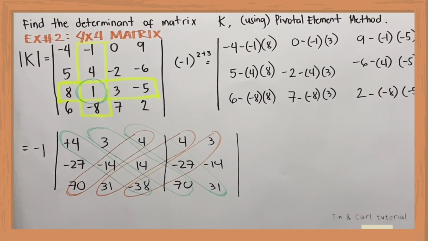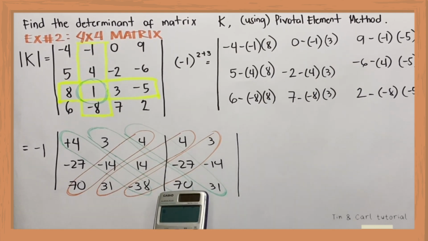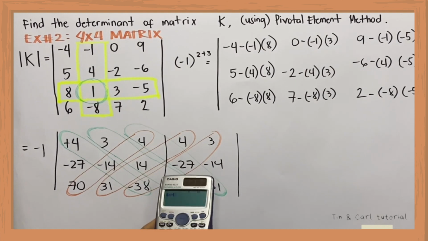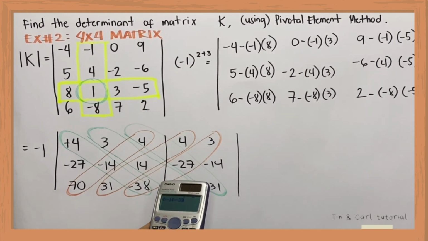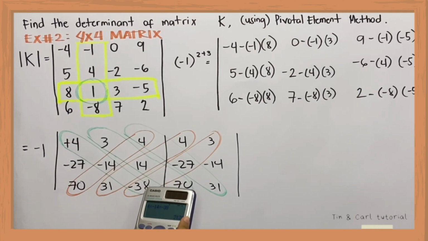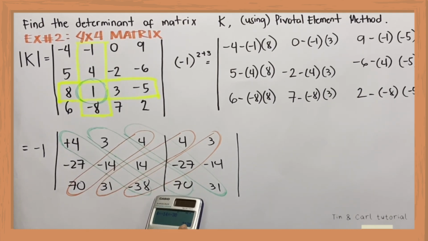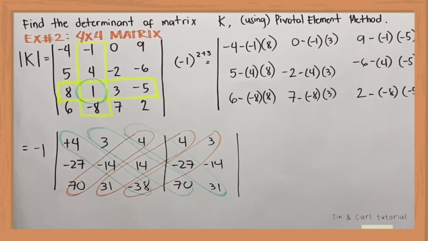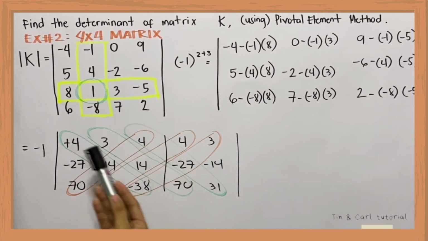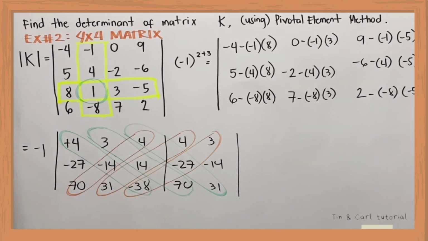So, first, syempre, dahil medyo malalaki na yung value, kailangan natin ng calculator. So, 4 times negative 14 times negative 38. The answer is positive 2,128. So, ganun lang yung gagawin natin sa lahat ng ito. So, let me compute.